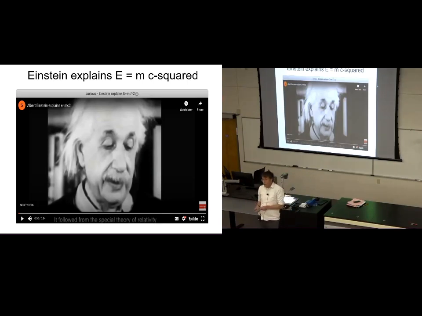Then he also made the big point, the scale of things, which is that the amount of energy in just a little bit of mass is absolutely enormous. The amount of energy in a grain of salt is absolutely enormous, because E equals m times the square of the speed of light, which is a really large number.